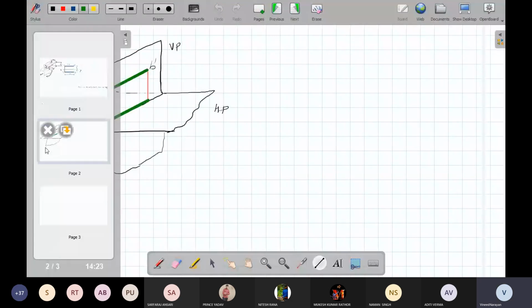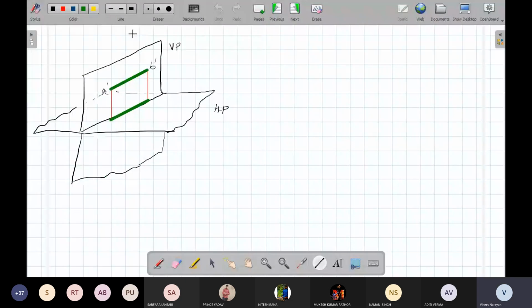By the way, its projection you can easily draw. You have to rotate this by 90 degree.